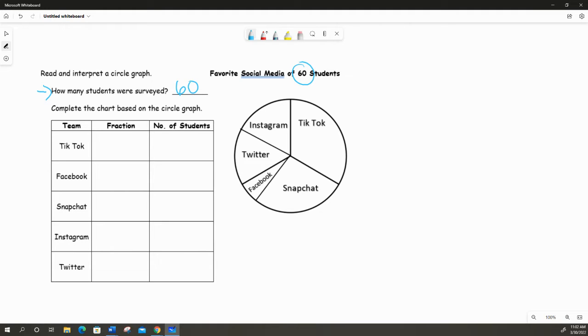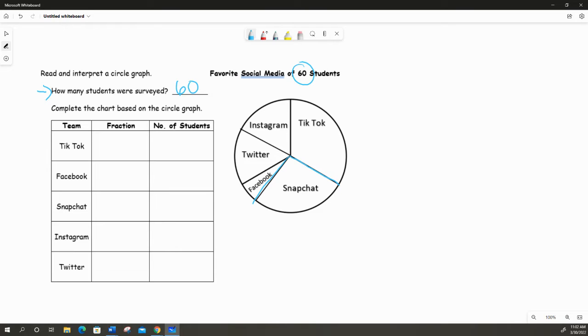The next part that we need to do is figure out how much for each section. So when I look here, I'm looking at the different parts and trying to see if I see any benchmarks. And when I do, I see two main benchmarks. If we look right here, this and this, that is a quarter for Snapchat.